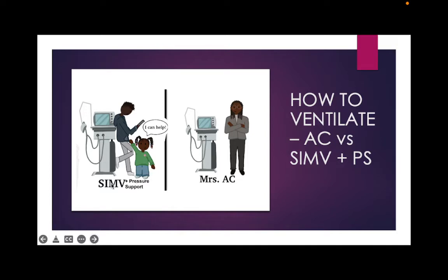If this confuses you, you can look at the lecture from last week. If you need the link, I can send it to you. So, given what I just told you, you have a patient whose lungs are full of junk. They're not working well. Do we want to support them fully or a little? Should we get them on AC or SIMV?